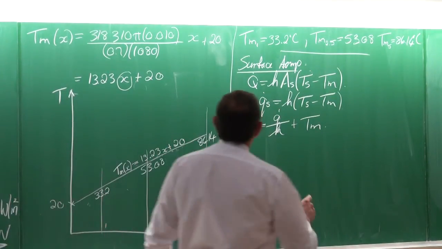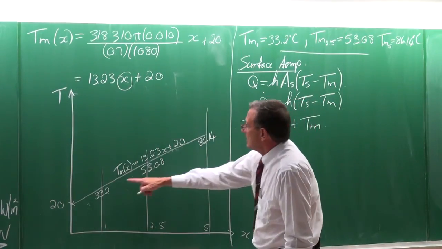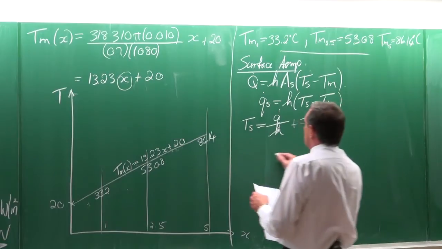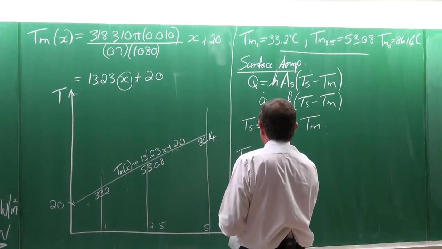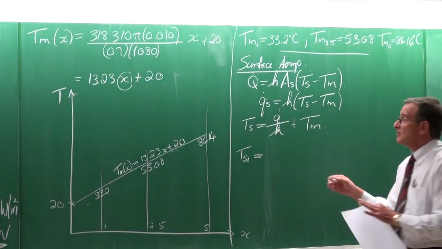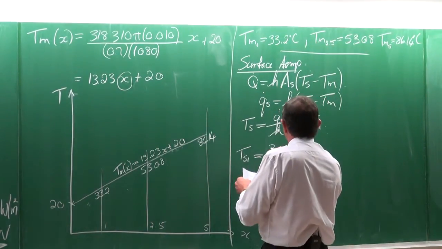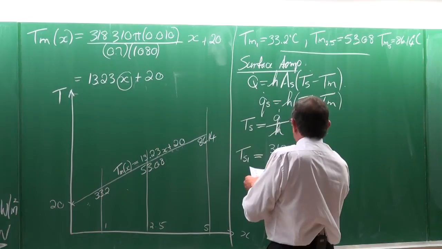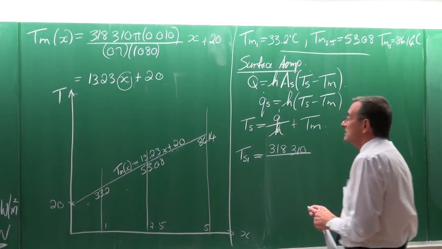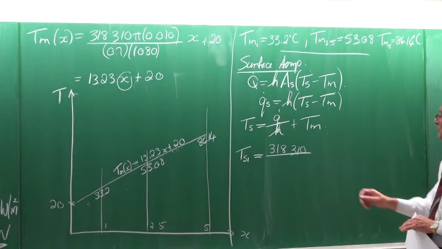So again, for these three cases, we can go and calculate the surface temperature on the outside. Let's do it for the case at 1 meter. At 1 meter, the heat flux is a constant. It is still the same, 318,310, divided by the heat transfer coefficient.